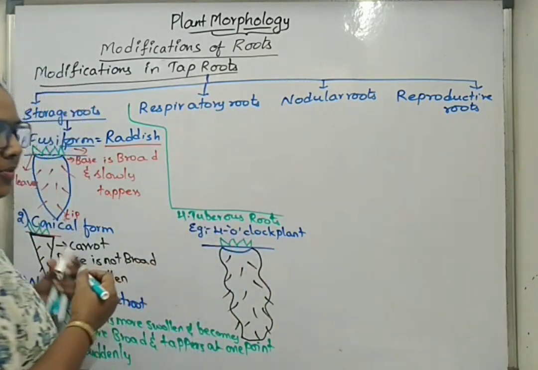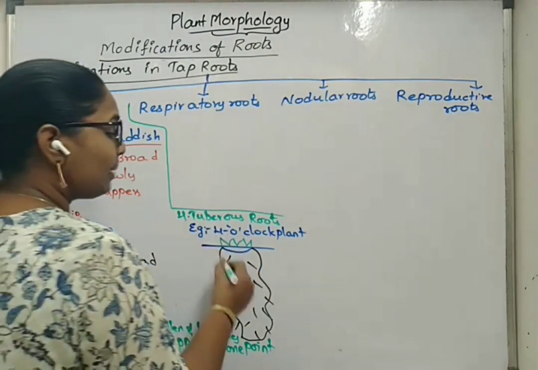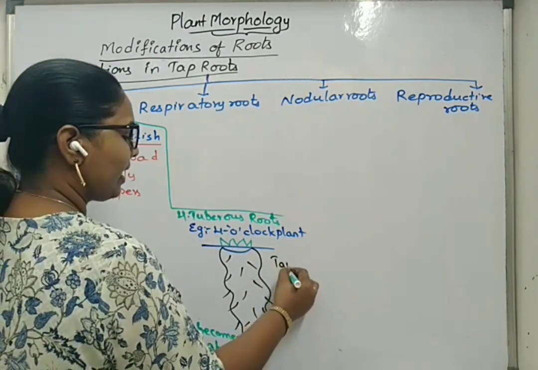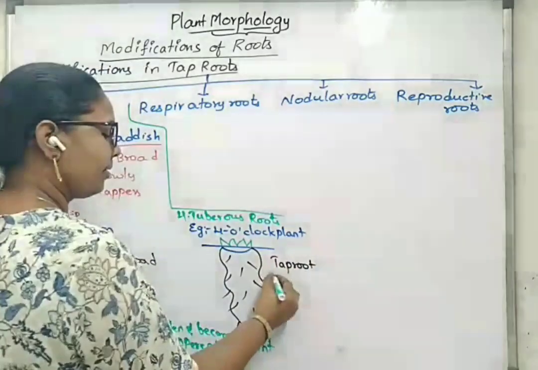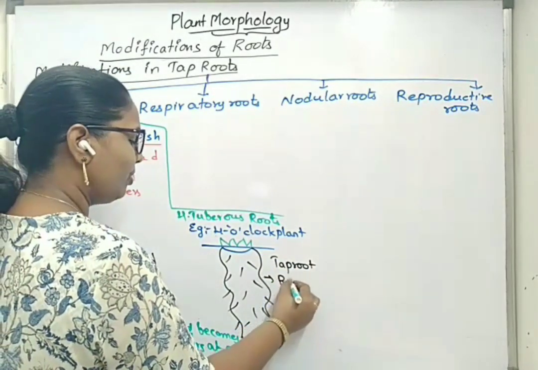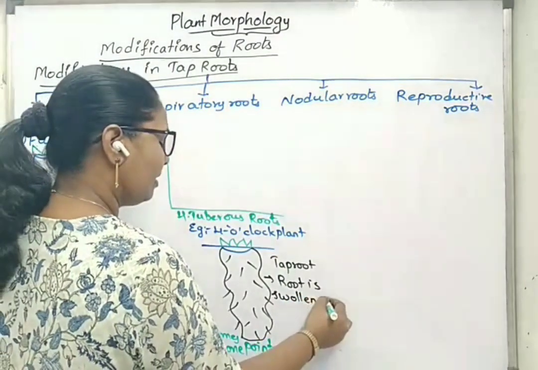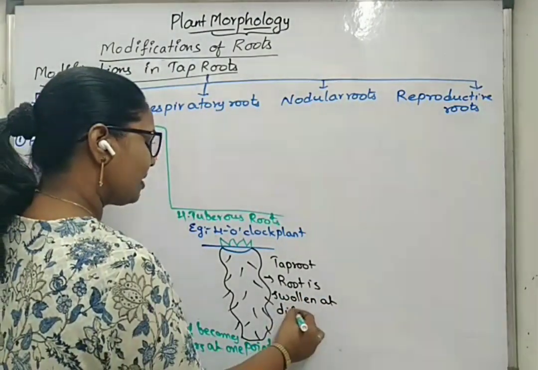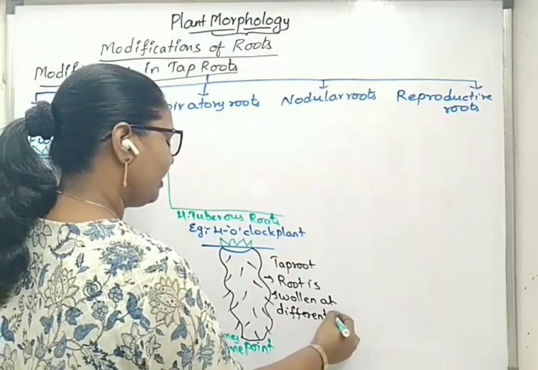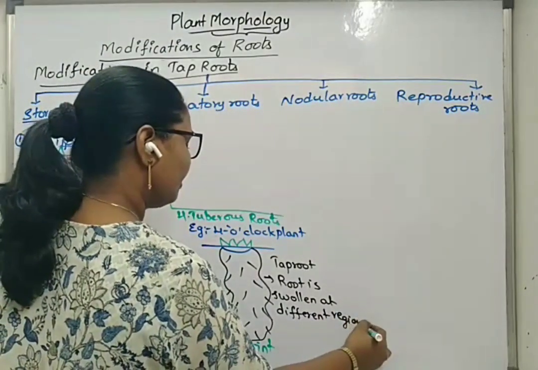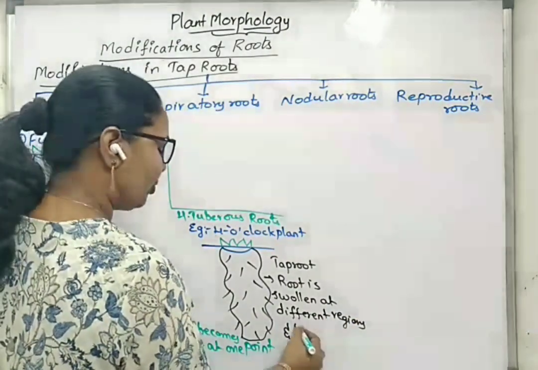So we can say in case of 4 o'clock plant, that is taproot system. This is taproot. Here the root is swollen at different parts, different regions, and looks like a tuber.